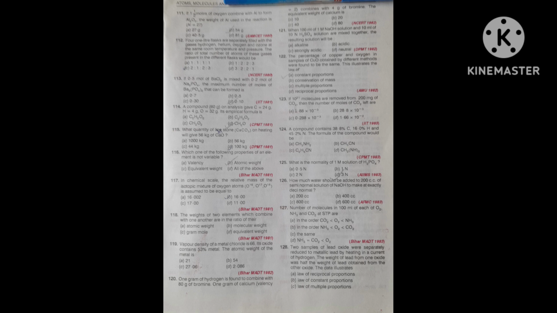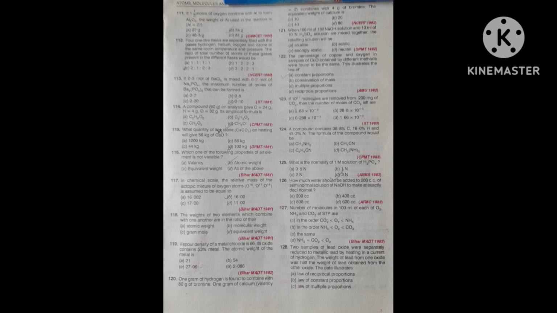Then you will calculate percentage divided by atomic weight: 38.8 divided by 12 for carbon, similarly for hydrogen 16 divided by 1, and similarly for nitrogen 45.2 divided by 14.